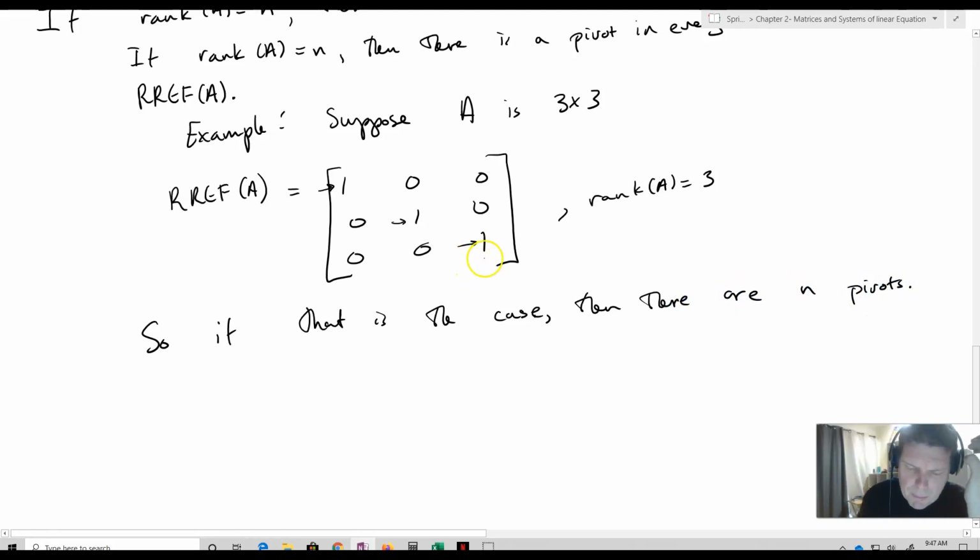If you think about this, that makes sense. If you have a pivot in every row, then that means you're going to have n pivots. This means that we have pivots in n columns as well.